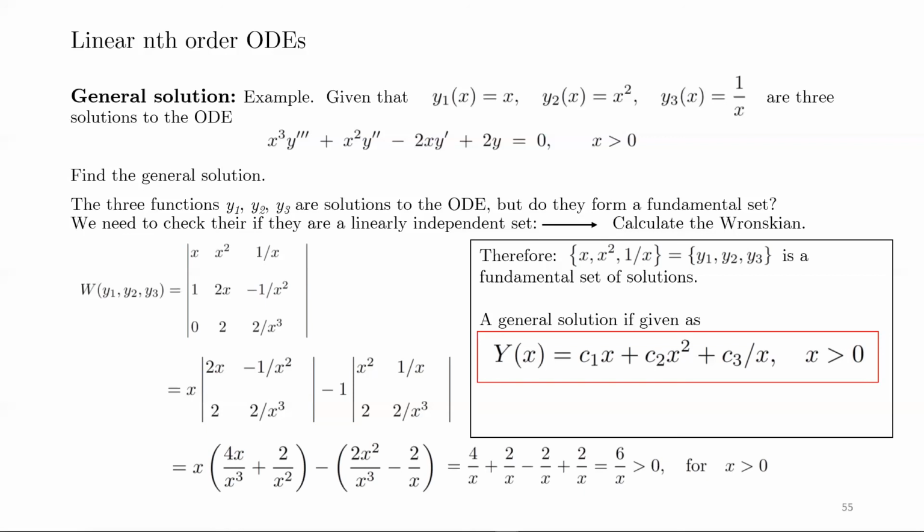If you have a fundamental set of solutions, you can form the general solution by taking the linear combination of that fundamental set of solutions. And by the superposition principle from last class, this general solution is guaranteed to satisfy the original ODE for any real values of C1, C2, and C3.